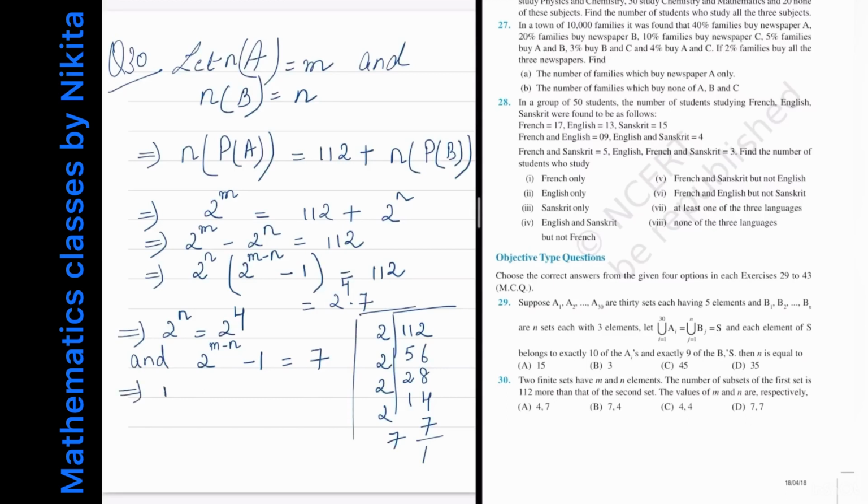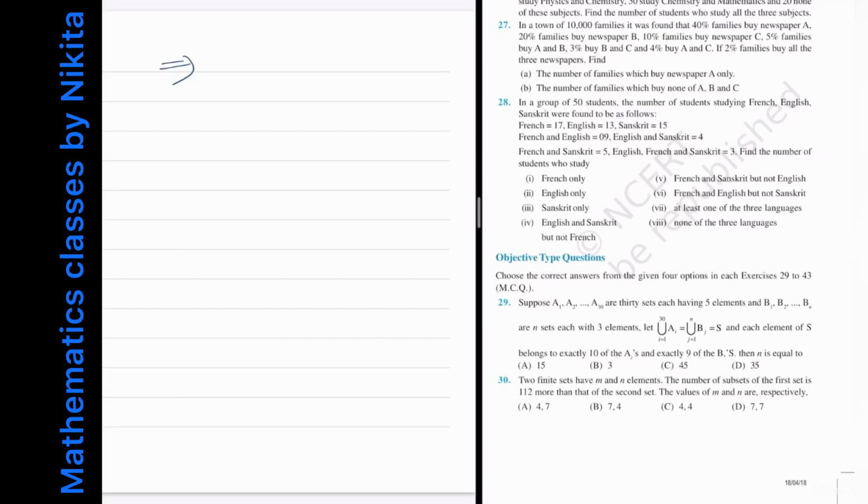This implies n is equal to 4, and from the second equation you will get that 2 to the power m minus n is equal to 8, and 8 can be written as 2 cube, and this implies that m minus n is equal to 3, and this implies m is equal to 3 plus n, which is equal to 7. M is 7 and n is 4. So therefore option B is correct.